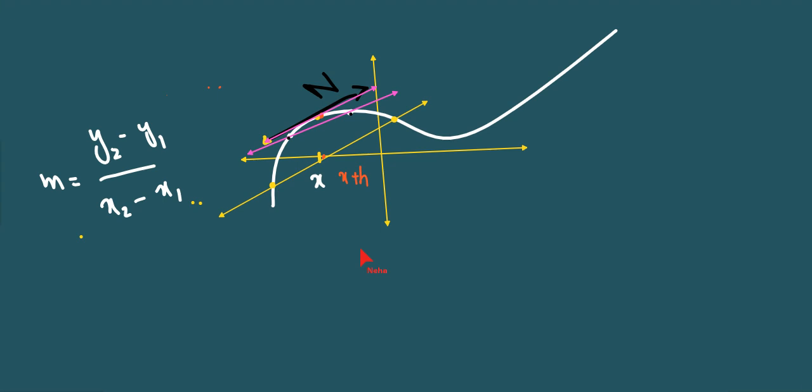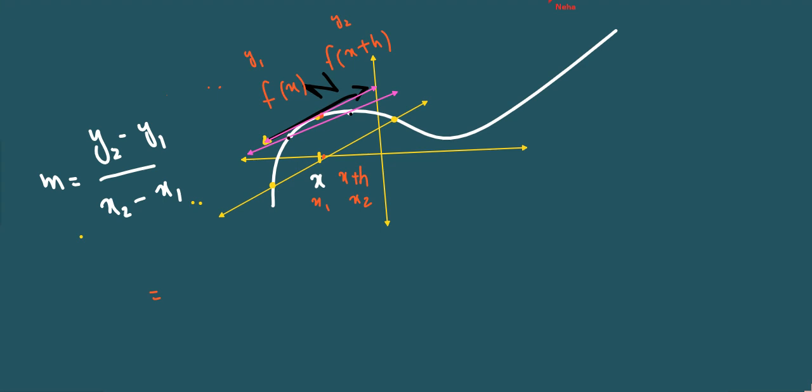Corresponding to x, we have the functional value f of x, and corresponding to x plus h, we have the functional value f of x plus h. So this is my x1, this is my x2, this is my y1, this is my y2. Let's substitute them in this formula.